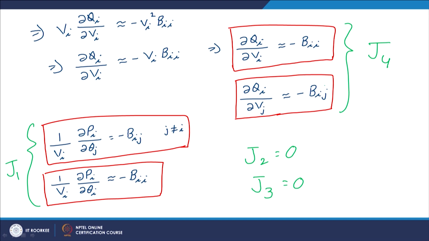Now we will see how these expressions are applied for the solution of our load flow equations and how the application of this really makes the load flow solution process fast. So, this we will look into the next lecture. Thank you.